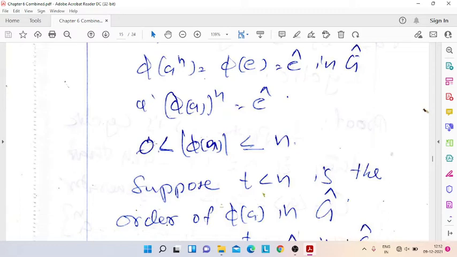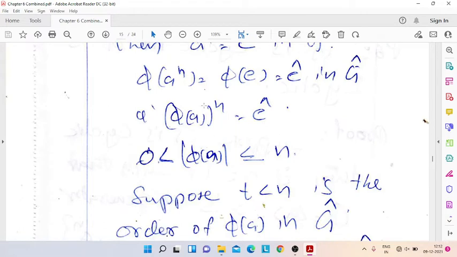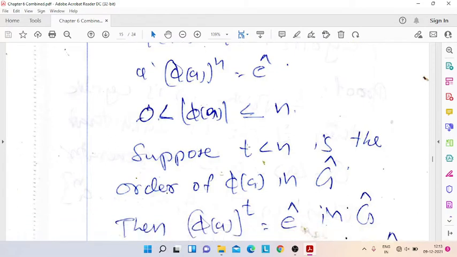So we can write that 0 is less than the order of phi A. But the last statement says that since phi A raised to n equals E cap, the order of phi A must be a number less than or equal to n. It can be maximum n.